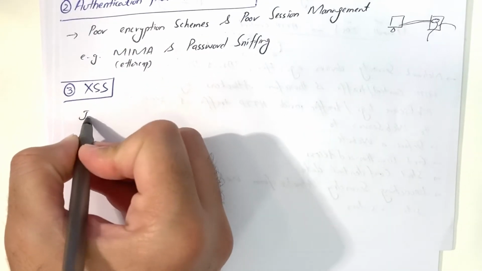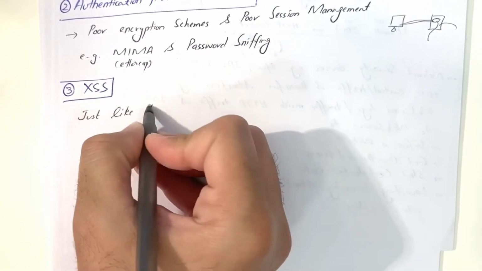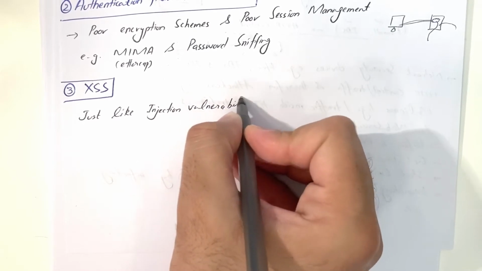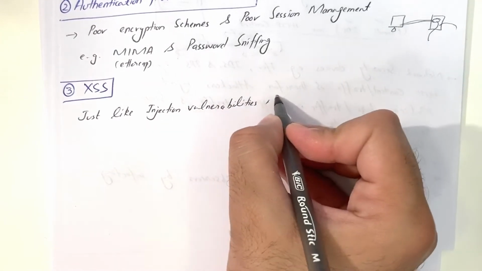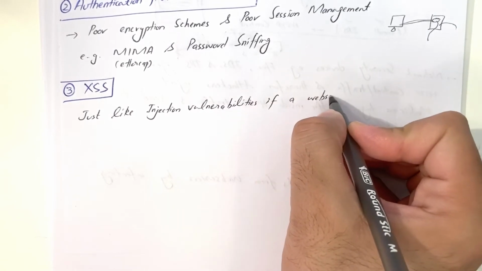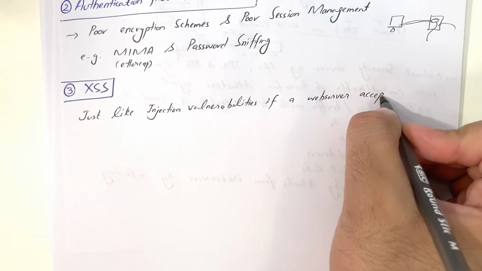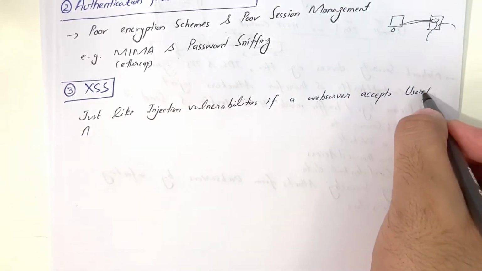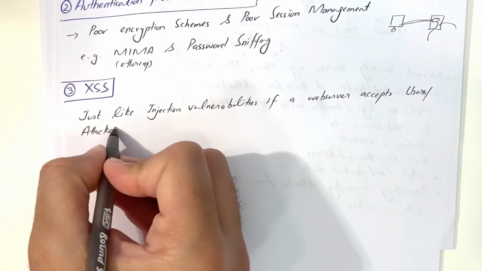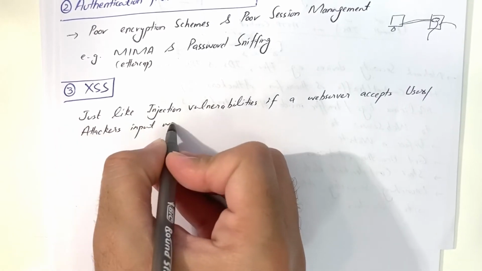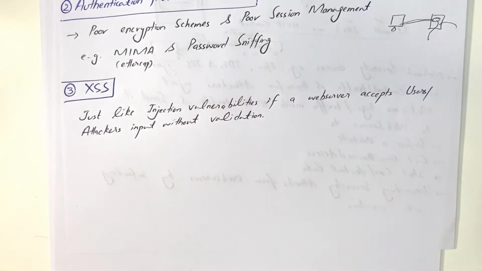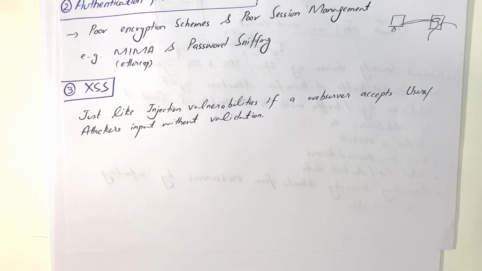So if a web server accepts user, or you can say users, or you can say attackers' input without validation, or you can say without checking it out, it means that particular website, server, or application is basically vulnerable to cross-site scripting.